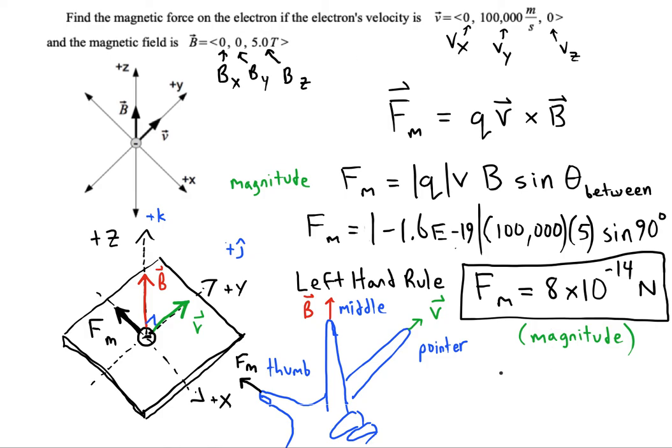All right, so when we give the direction, we can say that it's in the negative x direction. Or negative i hat, that's another way to say it.